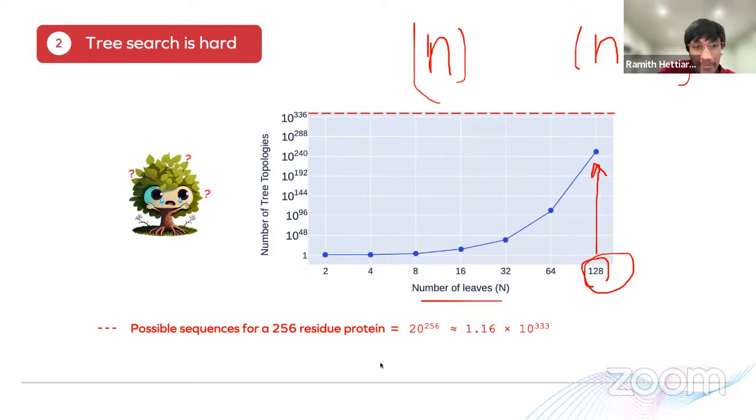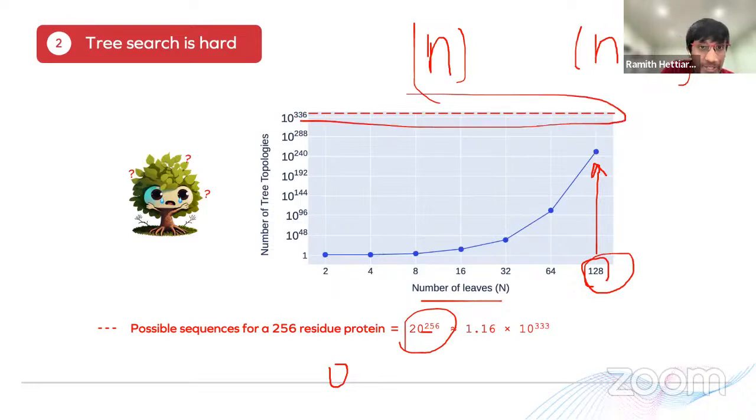This number came from the fact that for each position, we have 20 possible amino acids. Since we have 256 positions, this is the number of possibilities for one sequence.